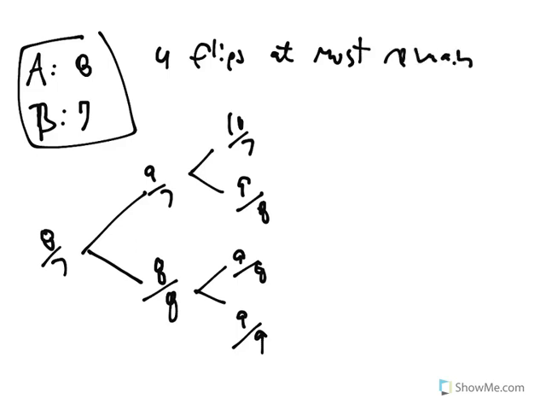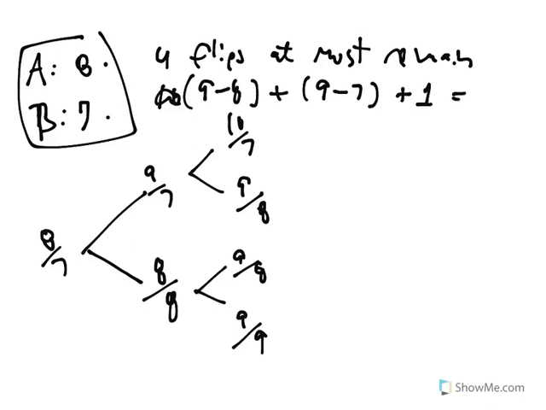And this is because in the worst case scenario, the way I think of it, how many flips for it to become 9-9? Well, A would have to get 1 to get 9, and B would have to get 2 to get 9. But then I add 1 to that because the next flip would change the score. If you want a formula for it, you could say 9 minus 8 plus 9 minus 7 plus 1 equals 4.